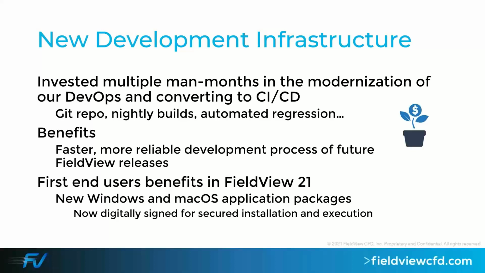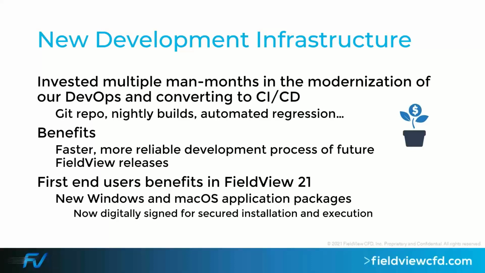So you're not going to see that as new capabilities right away, right? But what it really gives you is a faster and more reliable development process. So that will give us the ability to release new versions with more developments and more reliable developments, with a better continuous integration, continuous development workflow.